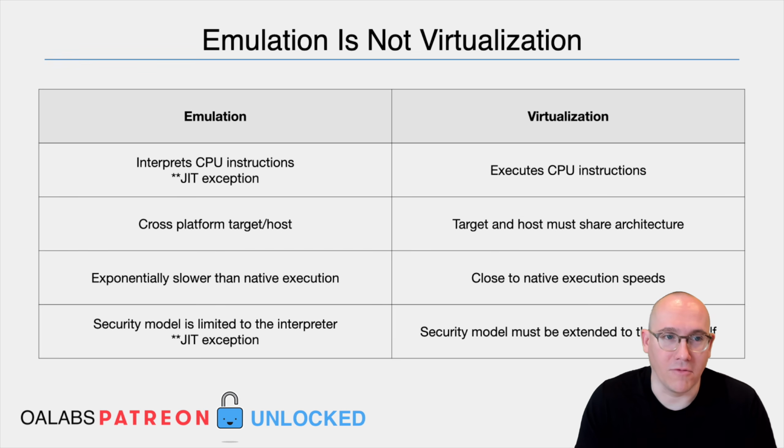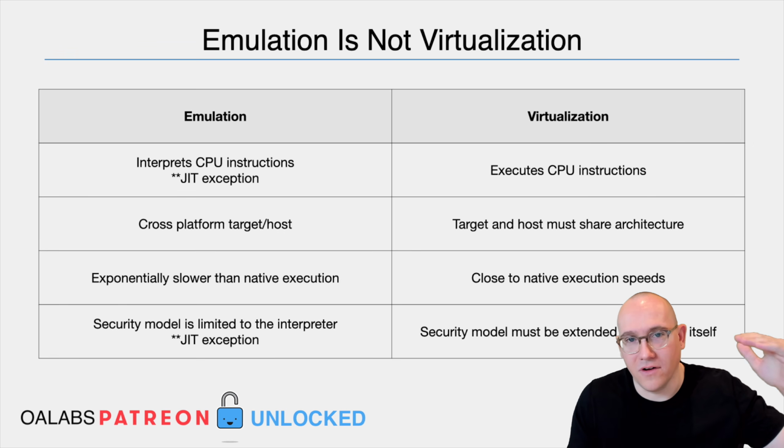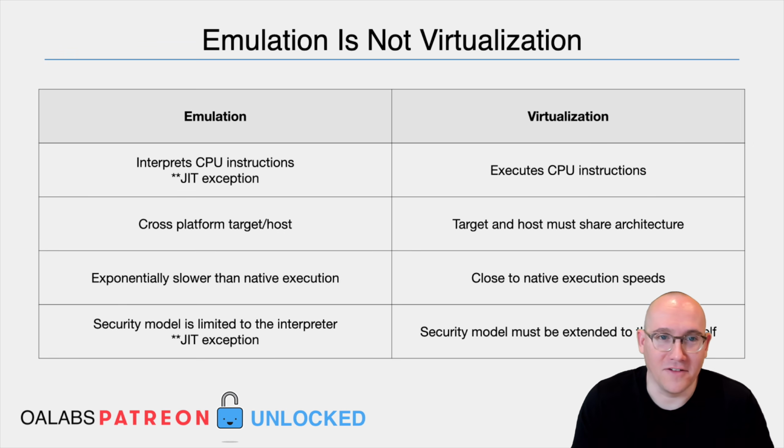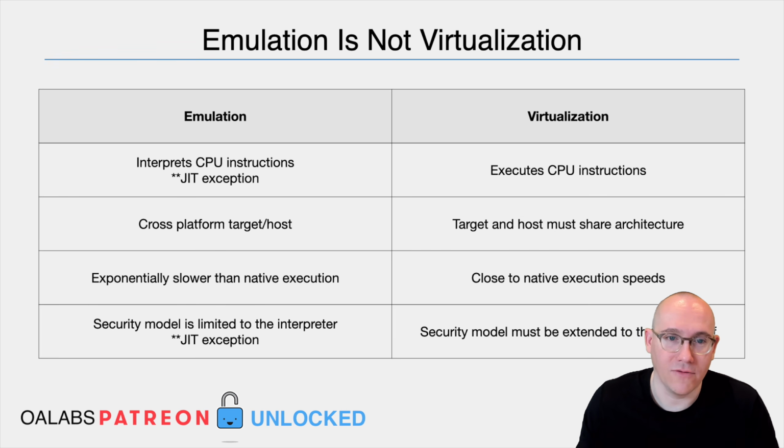It's just being read, and I'll show you in a minute, chained through a series of if-else statements. There's nothing really to execute on your host in an emulator. It's very safe and very self-contained. The security model is basically limited to the interpreter. Of course, you could find a bug in the interpreter, but that's not targeting the host itself. There is an exception with JIT, but again, many exceptions with JIT. I'll talk about that in a bit.